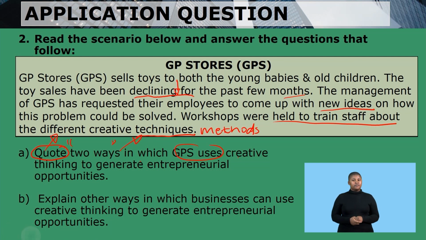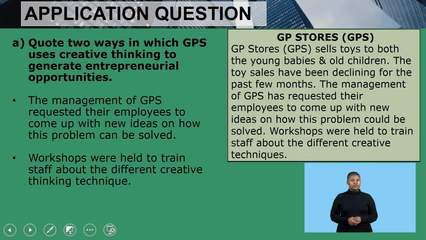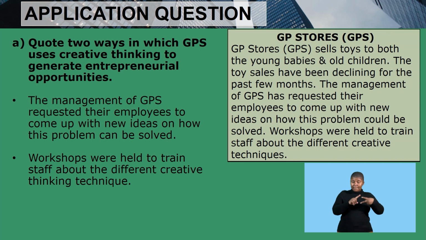Now, let's check. All right. They said quote 2 ways in which GPS uses creative thinking. Let's see if you also quoted the right things. The management of GPS requested their employees to come up with new ideas on how this problem can be solved. All right, let's see if this is indeed a quote. Remember I said a quote is taken word for word from the scenario. So let's put this into practice.